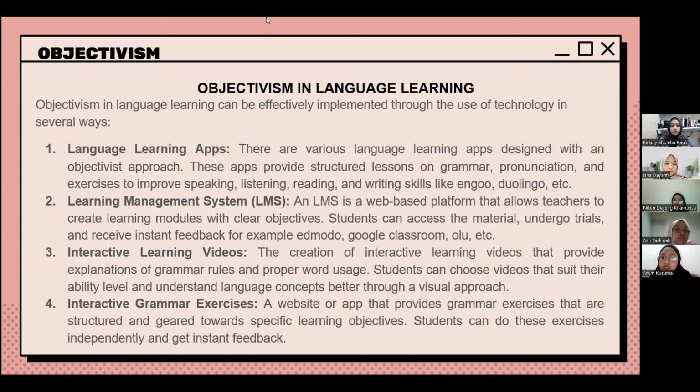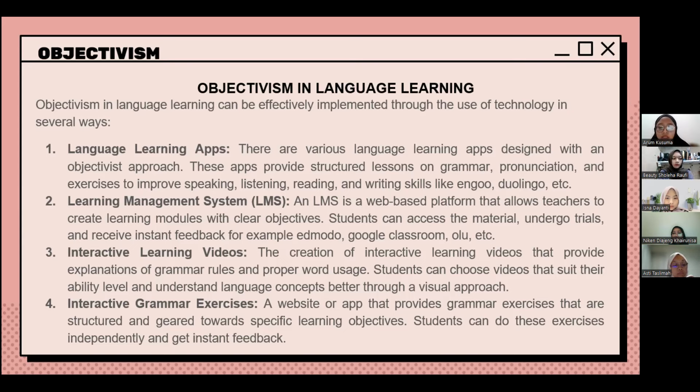For the first, language learning apps. There are various language learning applications designed with an objectives approach. These apps provide structured lessons on grammar, pronunciation, and exercises to improve speaking, listening, reading, and writing skills, like Duolingo, and so on.